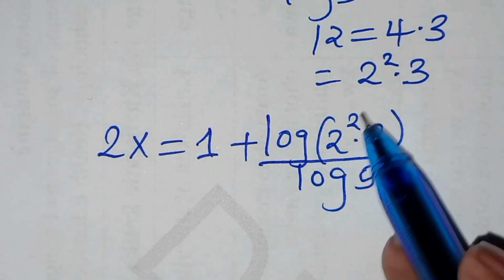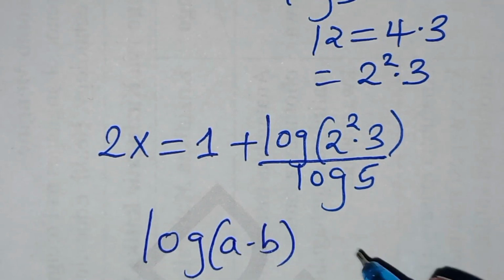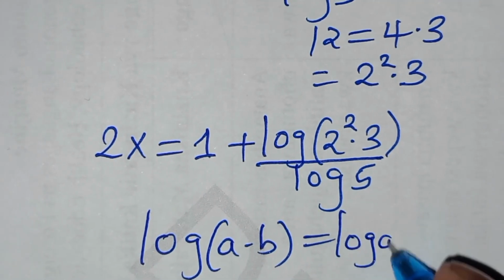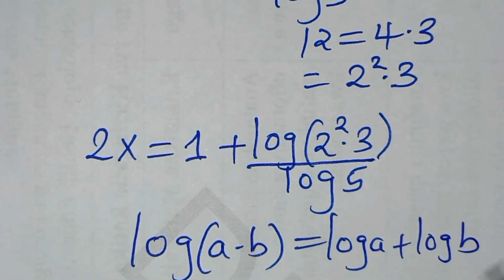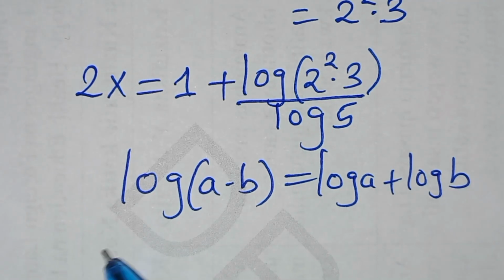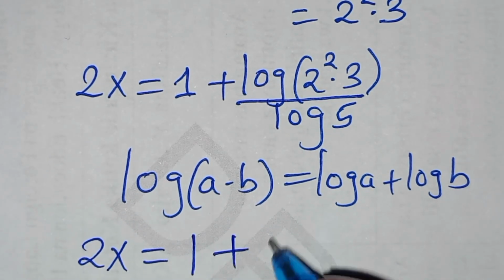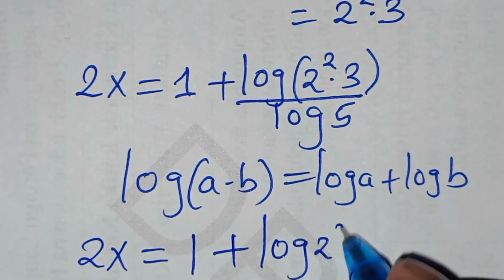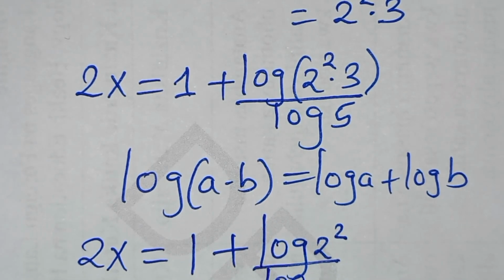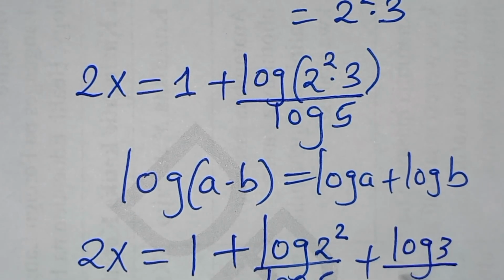Now log 2 to the power 2 times 3 is actually in the form of log a times b, which we can express as log a plus log b. Applying this logarithm property, then here we'll have 2x. This is equal to 1 plus log 2 to the power 2 divided by log 5 plus log 3 divided by log 5.